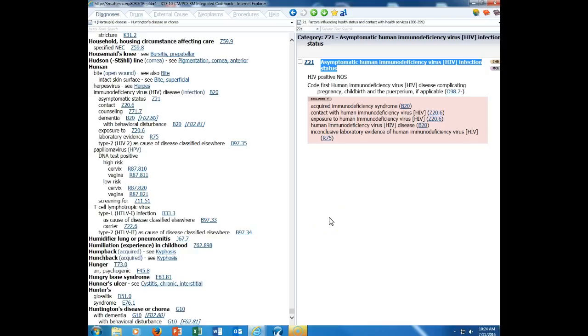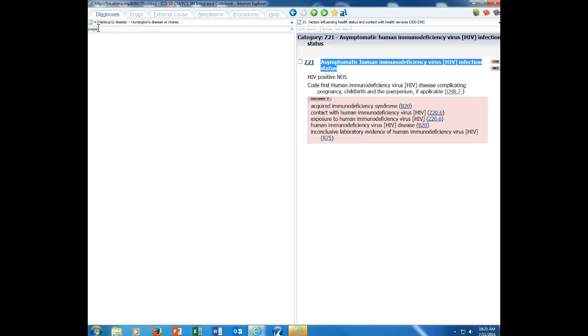And OB codes take precedence over everything unless the condition is totally not going to affect the pregnancy, and we assume that it will unless the physician tells us differently. So that is a chapter-specific guideline for chapter 15, and so it even supersedes this AIDS guideline, and we'll look at this more when we're in that chapter.